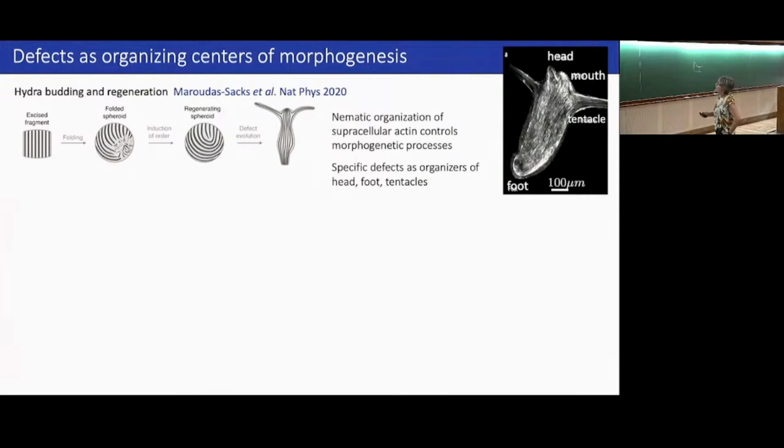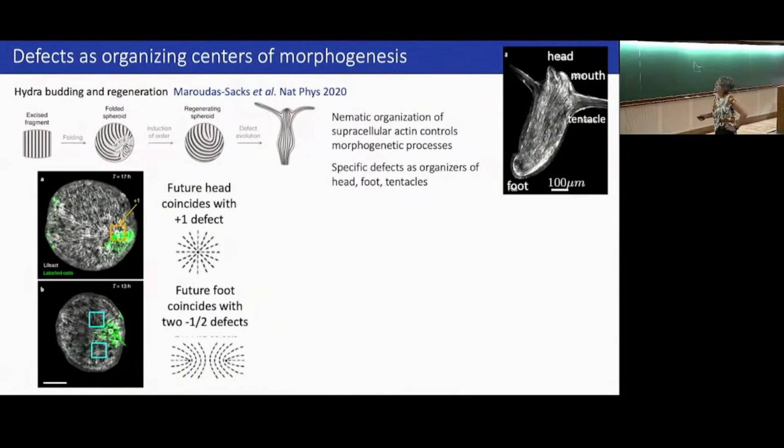What has been pointed out by Kinneret Keren is that there is a correlation between the location of defects and the specific morphogenetic processes. For instance, nematic order on a sphere requires a total charge of +2, so either 2 +1 defects, or 4 +1/2 defects, or a +1 and 2 +1/2 defects.